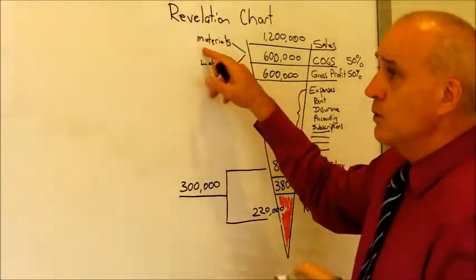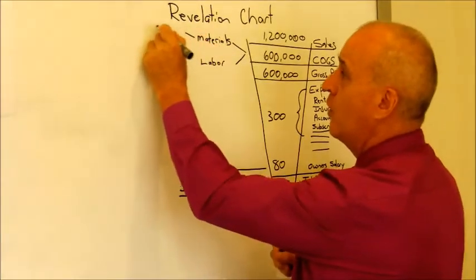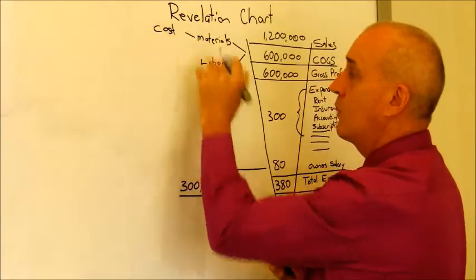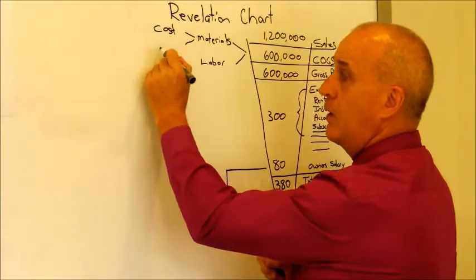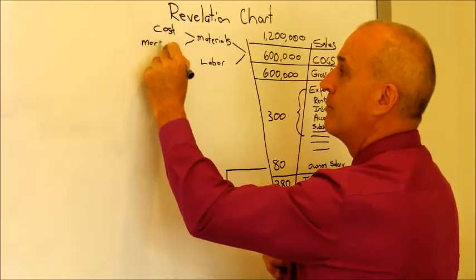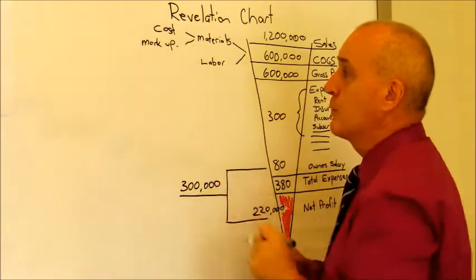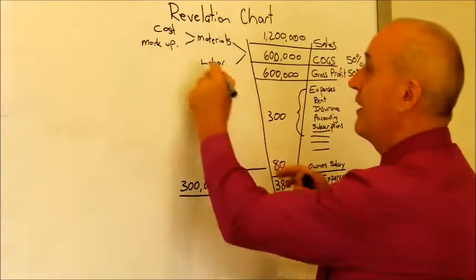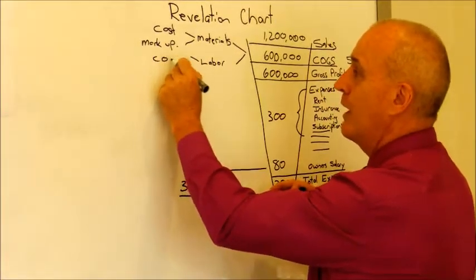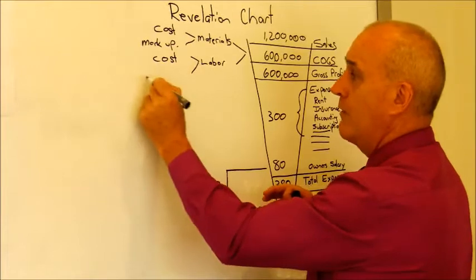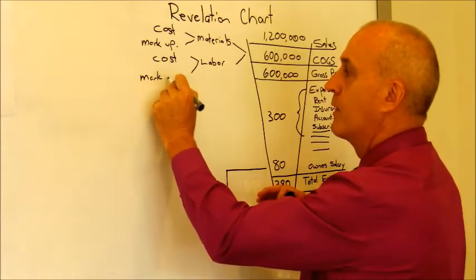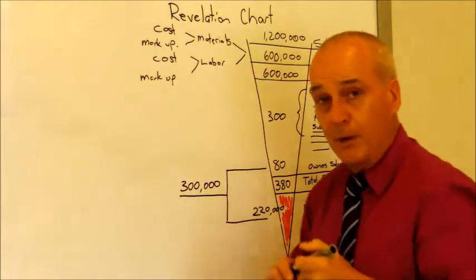What this looks like is we have now a cost for our materials and a markup for our materials. But we also have a cost for our labour and a markup for our labour.